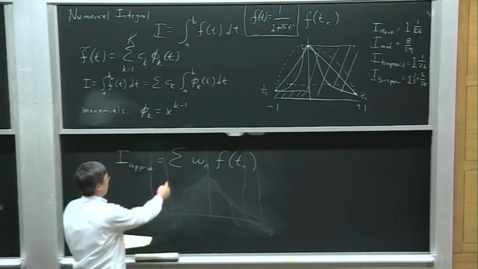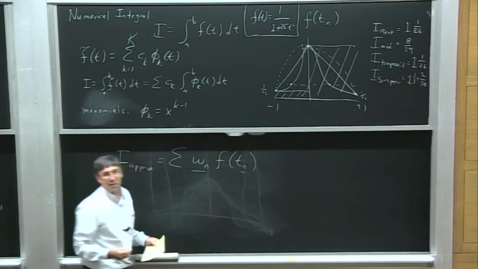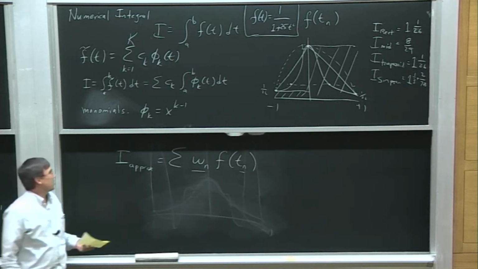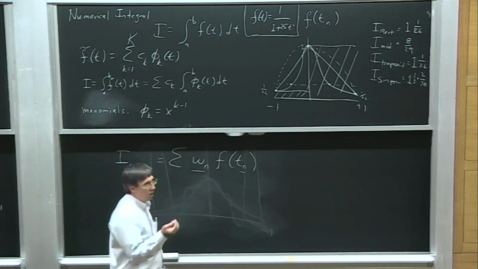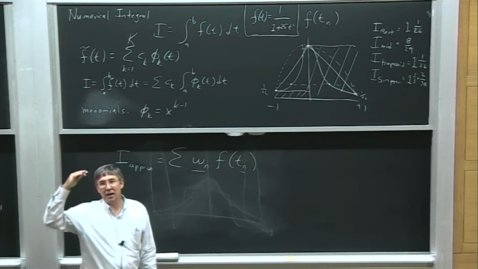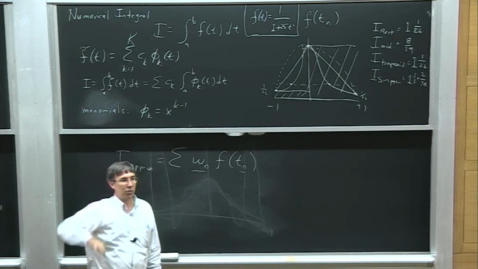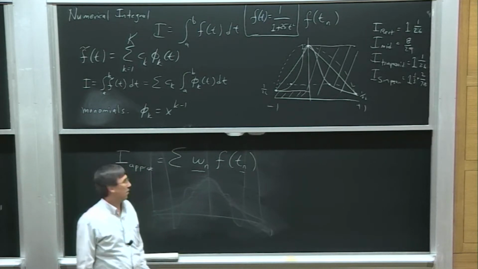So what's the best possible choice of the w's and the t's to make this really be close? Well, the problem is that there's an infinite number of functions that somebody might want to integrate. I can't do them all. So he said, let's just find the one that works for as many monomials as possible to the highest order, as far out as I can go.